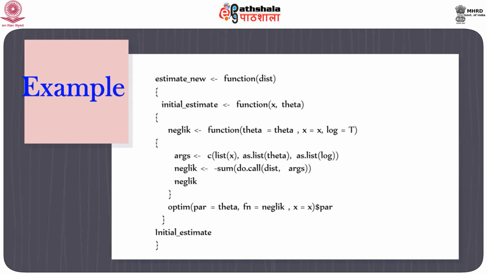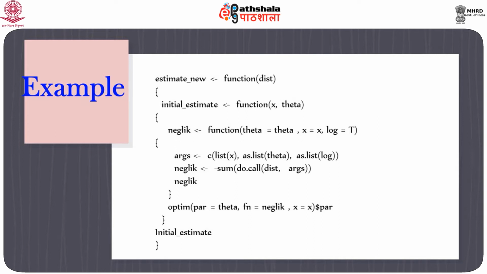So the initial_estimate function will depend on the distribution that we are choosing. Within initial_estimate, we are defining another function, neg-like, which we will minimize later with the help of the optim function.